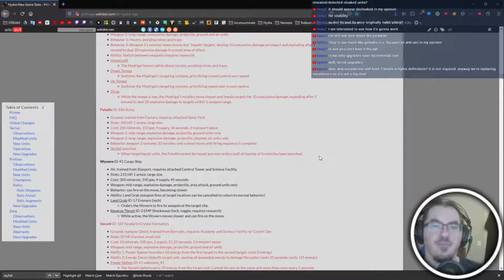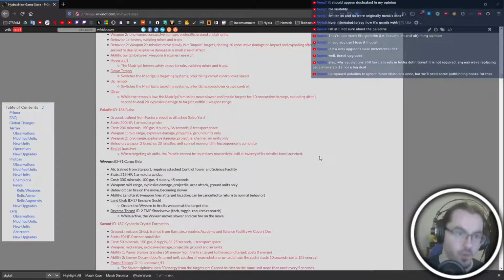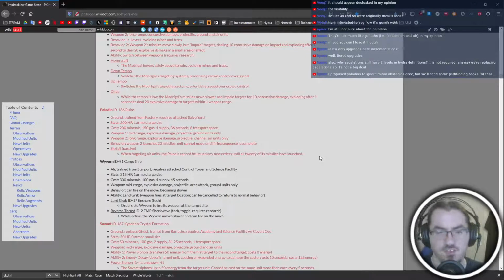So it's already better at anti-air than the Goliath just by virtue of that. And then have Skyfall be something where it designates a location that has a fairly large range, but a rather tight radius. Say like 3 or 4 weapon range, which maybe isn't super tight, but it's like 128 pixels max.